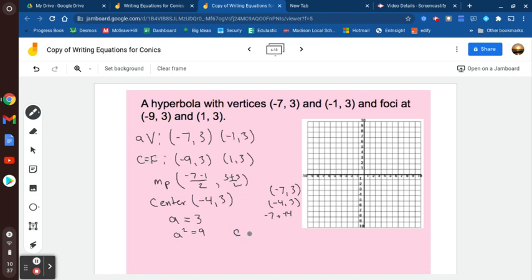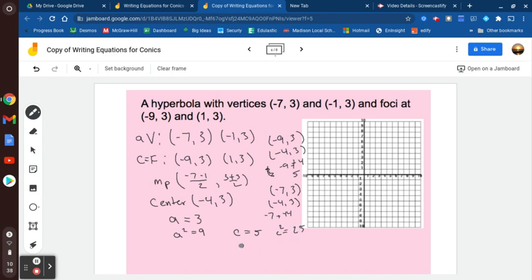Sorry, my foci to get my c value. So the 3 is all the same. To go from -4 to -9, what's the difference between those? 5. So -9, 3, -4, 3. It's -9 minus -4, so it's 5 or -5. It doesn't matter which because you're going to square it.